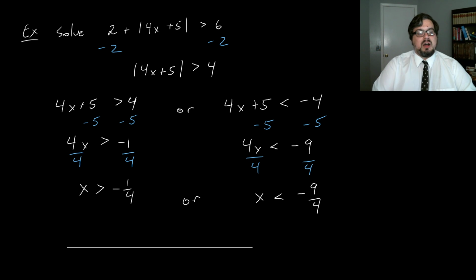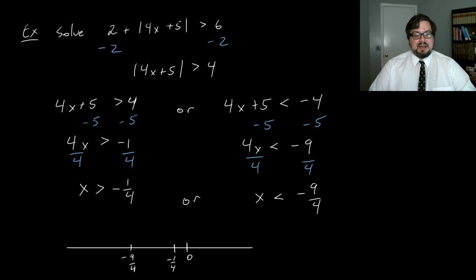And even if the problem doesn't explicitly ask you to sketch out the solution, it's often a very good idea to do so, just to make sure that you have everything correct in your own mind, and you can check that you've understood everything correctly. So we know that negative 1/4 and negative 9/4 are the two numbers that we have here.